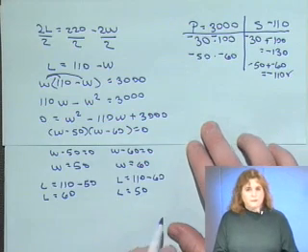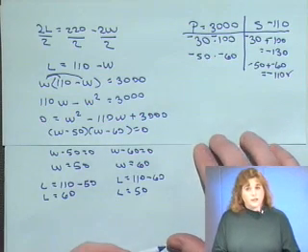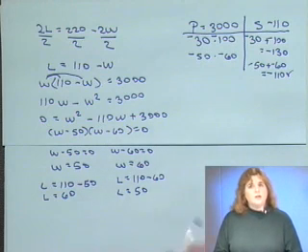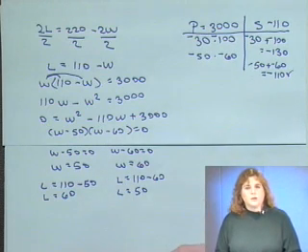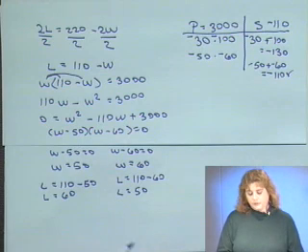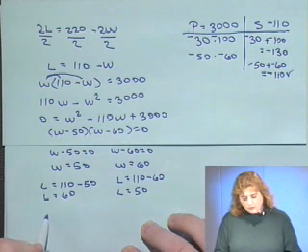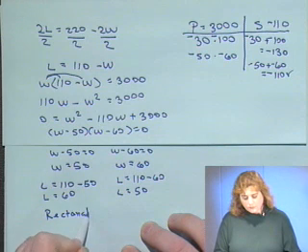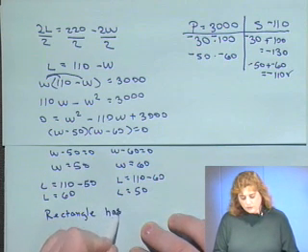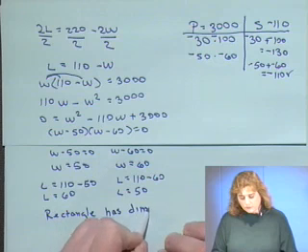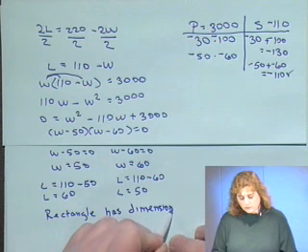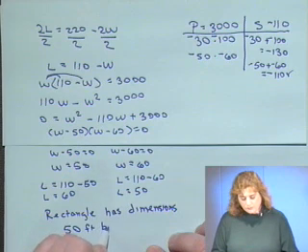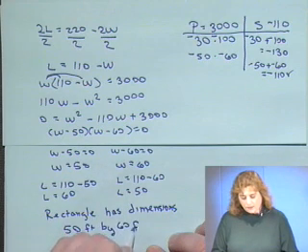What does that mean? It means that this rectangle is 50 feet by 60 feet, and it really doesn't matter which of those dimensions we call width and which we call length. So we can say that our rectangle has the dimensions of 50 feet by 60 feet.